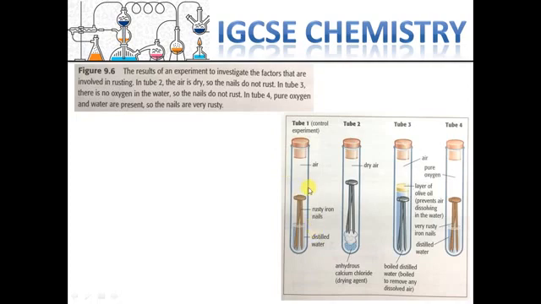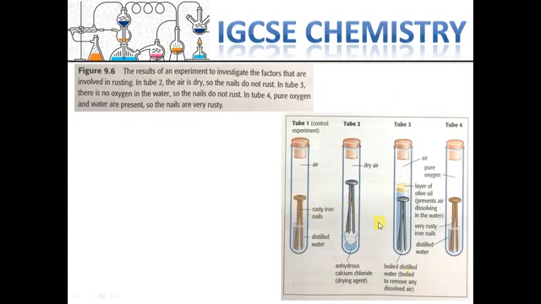For example, if you have iron nails and put them in a glass tube like this, with enough air inside, and you close the lid, and there is distilled water and air, that means there is enough oxygen in the environment, so the iron nail can get rusted.